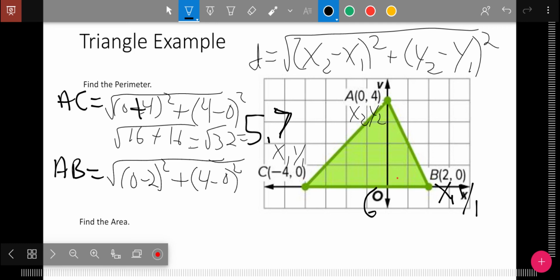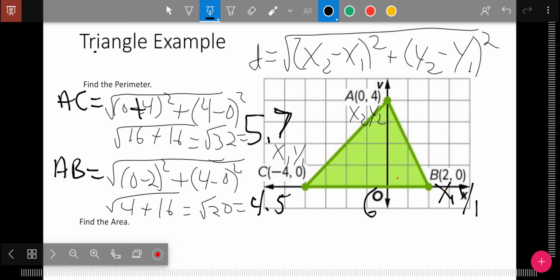Well, negative 2 squared is just positive 4. Plus 4 squared is 16 equals the square root of 20. All right. Square root of 20, type into my calculator, I get 4.47, which is 4.5 for the purpose of this problem.